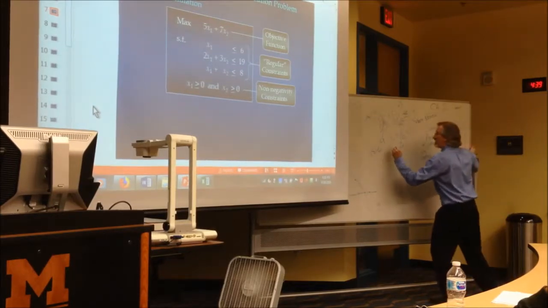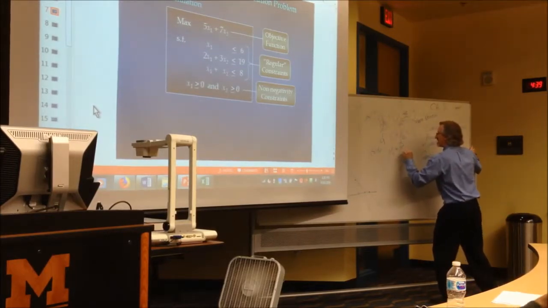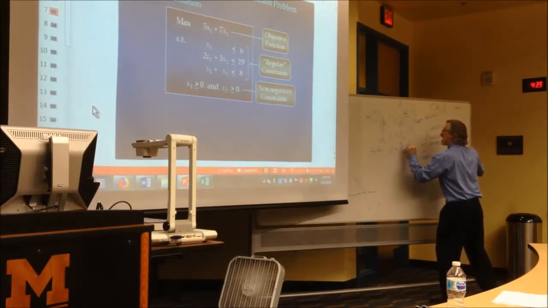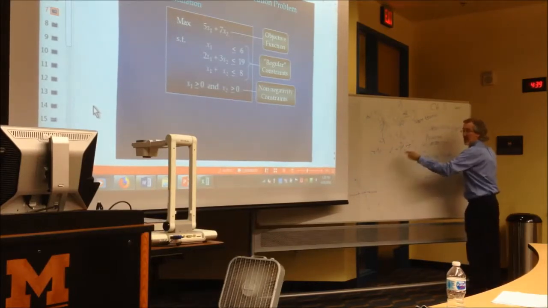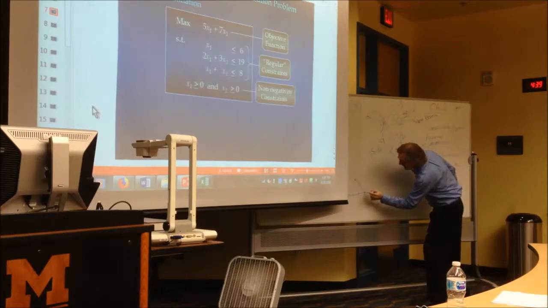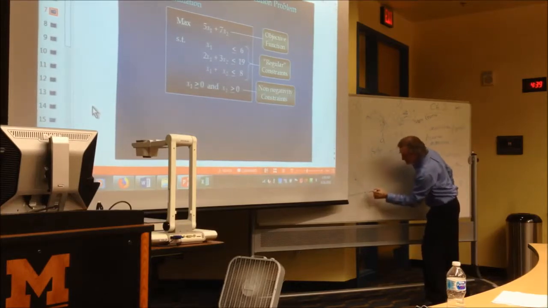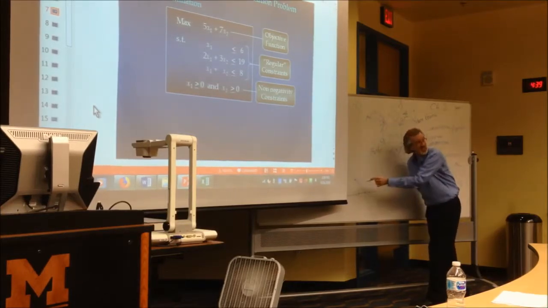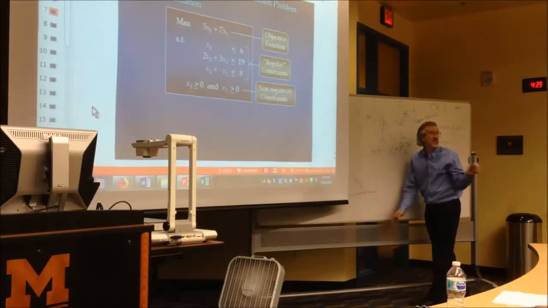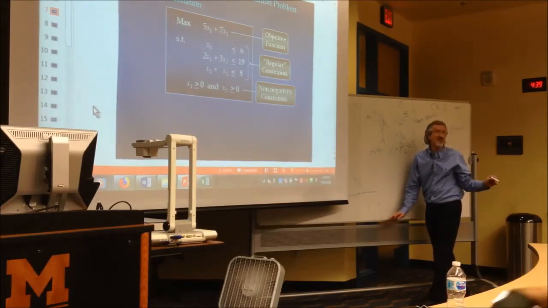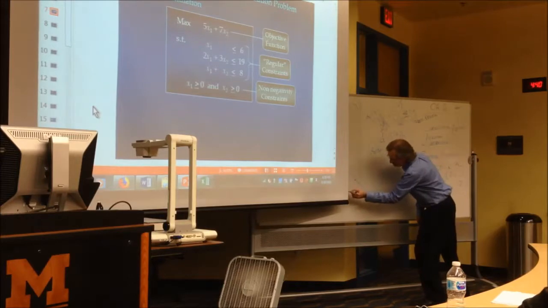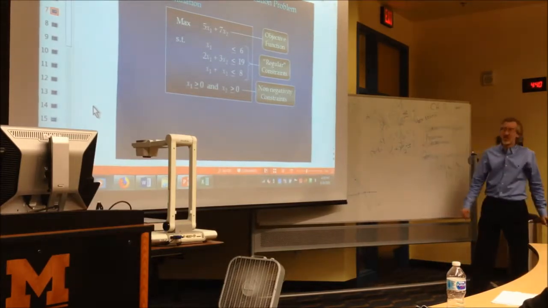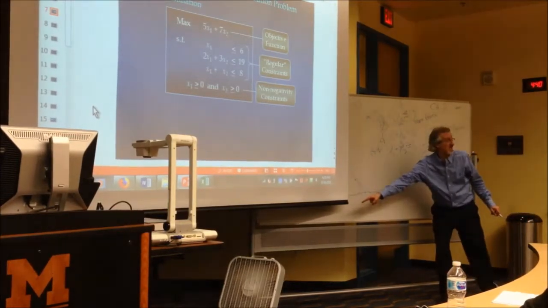Now let's look at the other one. x1 plus x2 is less than or equal to 8. That's this line right here, 8 up to the 8 here. I'm going to pick a point on the left side for this one. And my favorite point to use, I use it very often, is right there, 1, 1. I love that one. It's definitely on the left side of that line, right?